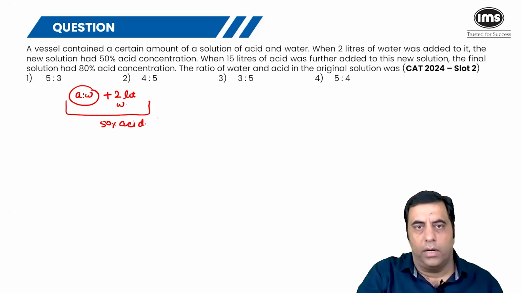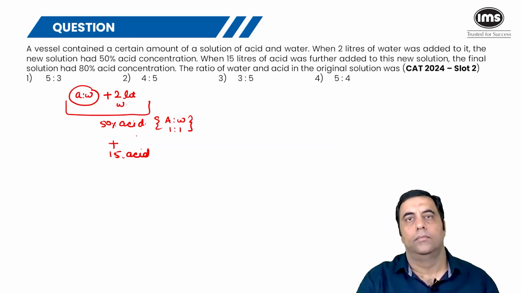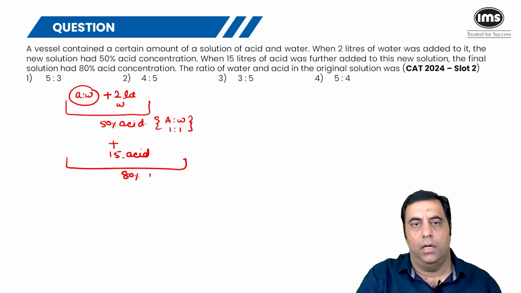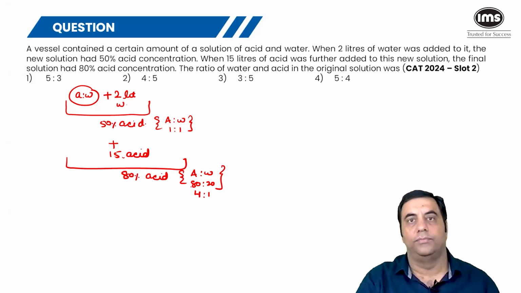Then, in this, we have added 15 liters of acid, and the moment acid is added, now this becomes 80% acid. So I can straight away say acid to water now is 80:20, which is 4:1. And based on that, I'm supposed to identify what is the original value.